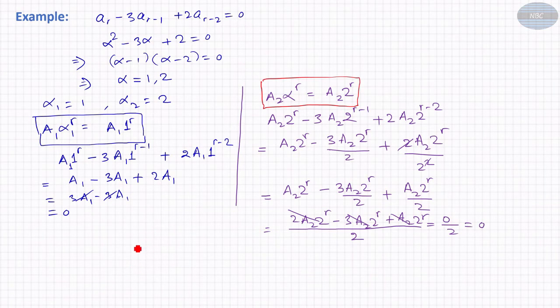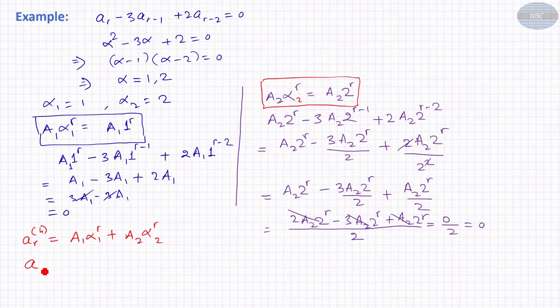Okay, now if you use the sum of these two homogeneous solutions, then we will get the homogeneous solution as ARH is equal to A1 alpha 1 to the power r plus A2 alpha, so here we have one mistake, and this will be alpha 2, alpha 2 to the power r.